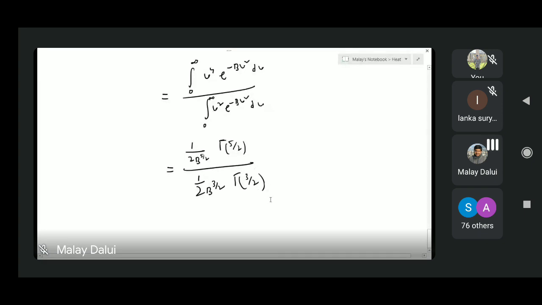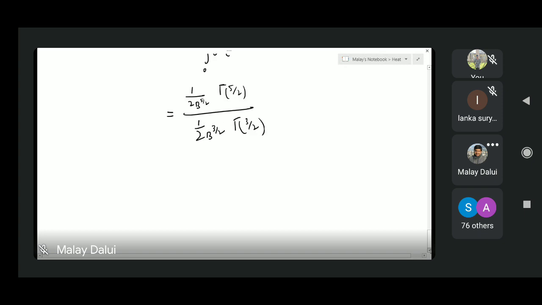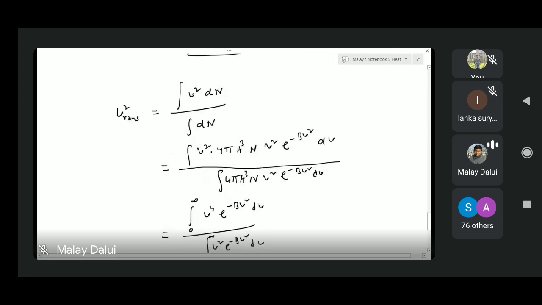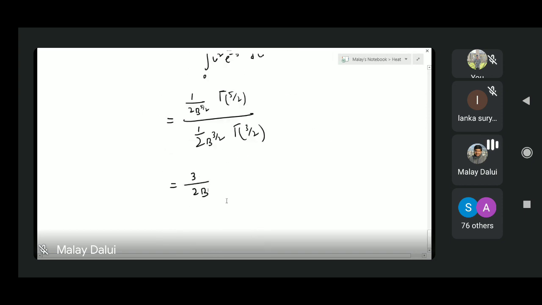Put in all the values of gamma 5 over 2 and gamma 3 over 2, then it will be 3 over 2b. So v square RMS is 3 over 2b.